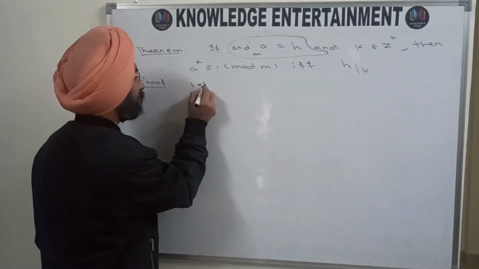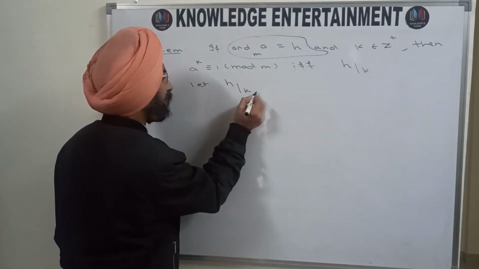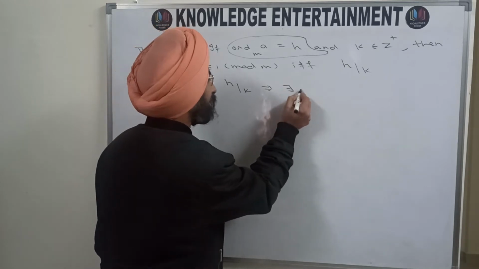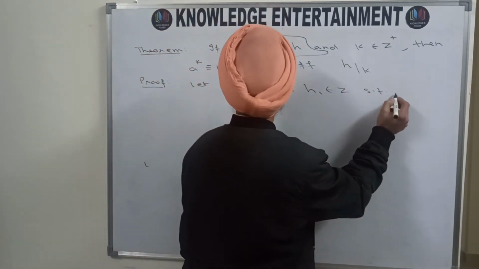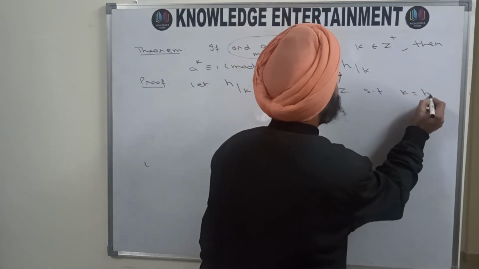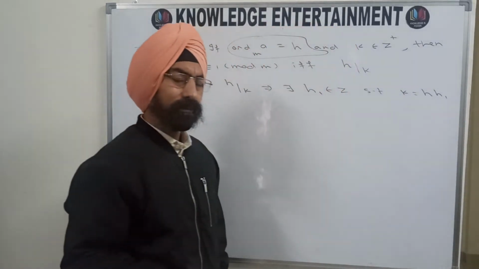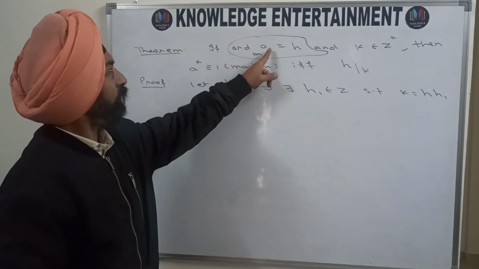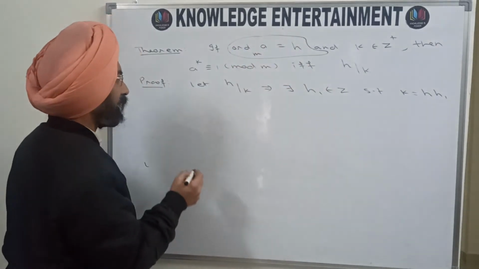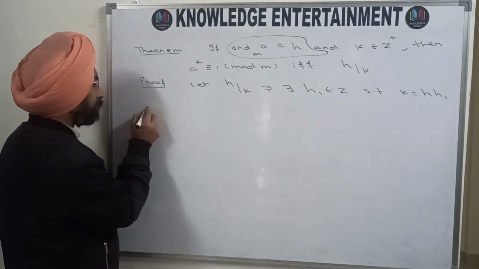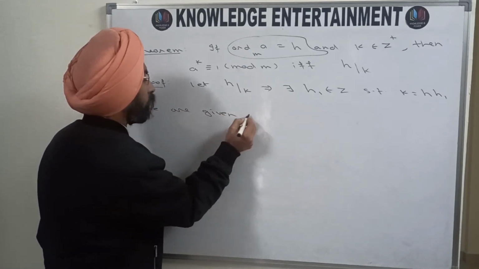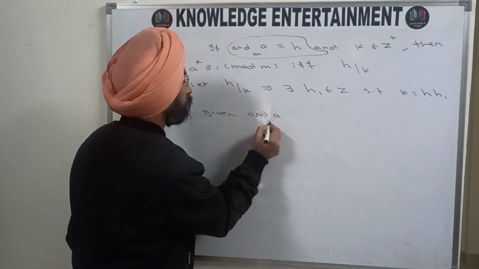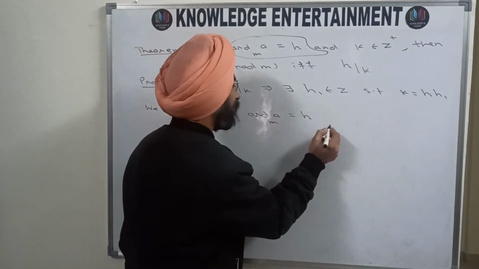Let h divide k. This means there exists some integer h1 such that k is equal to h h1. We are given that the order of a modulo m is h.